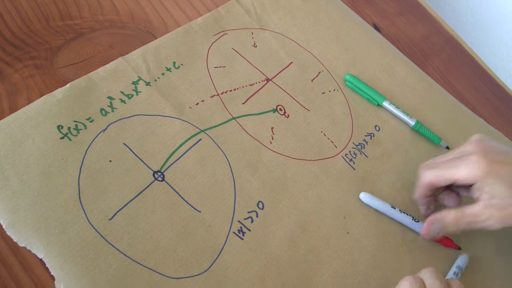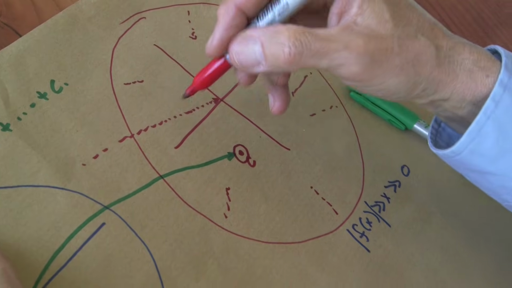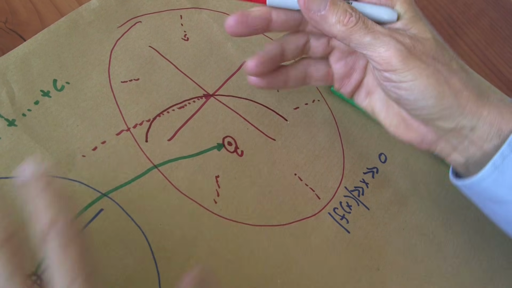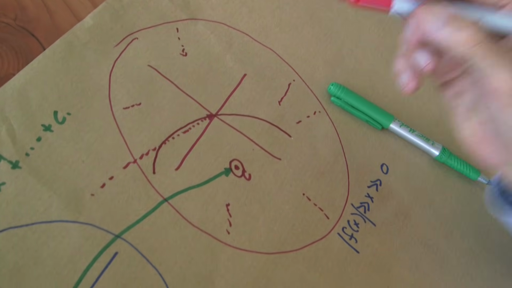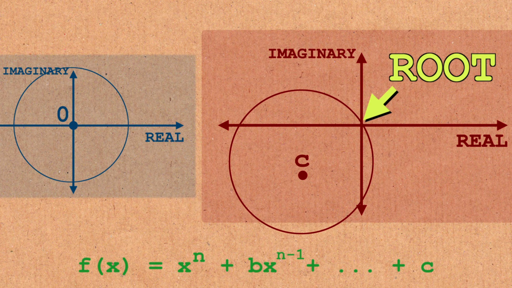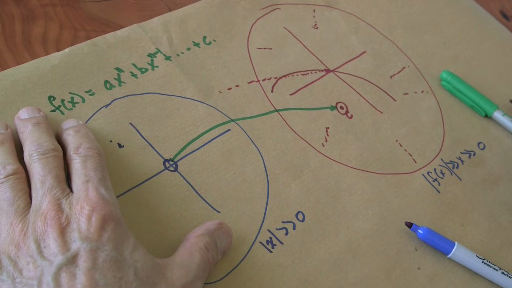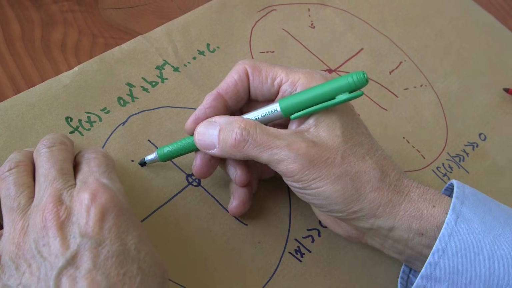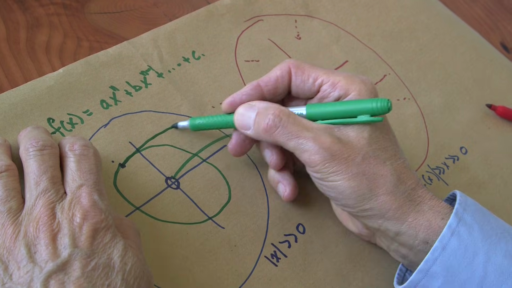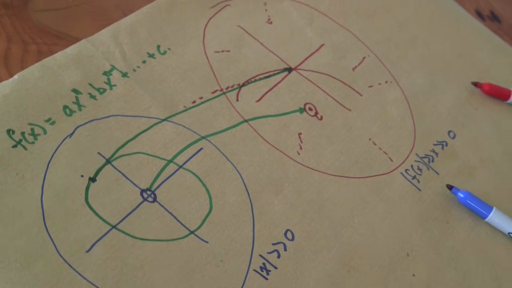Now in that process somewhere this circle has to pass through the origin, and that's where I catch my root. So somewhere along the line as it shrinks I have to see a picture like that, and that's the point which I was looking for. That point happened maybe from over here, and it will be a point on a smaller circle here where this function actually goes to 0, where it has 0 value.